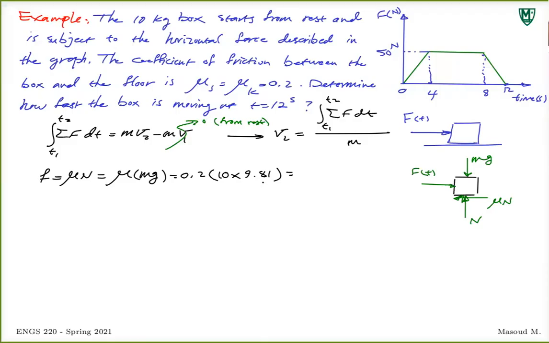That becomes 0.2 times 98.1. What I got was 19.6. Since I'm always wrong today, we'll see how that goes. So that's the friction force. So this motion starts the moment you reach that force.